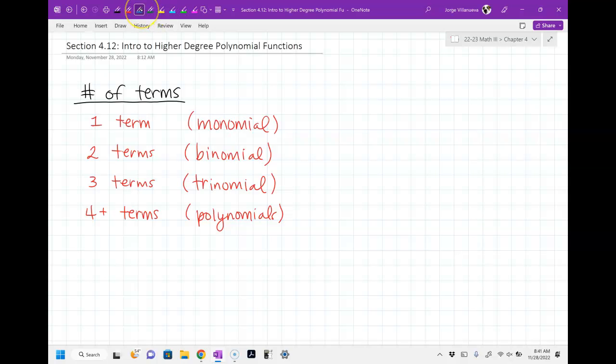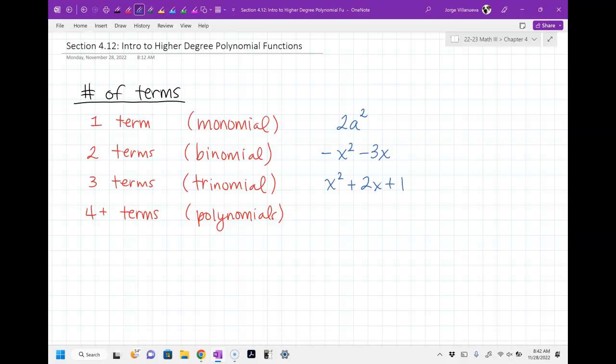So for example, the monomial might just be something like 2a squared. Okay, a binomial might be like negative x squared minus 3x. That's a binomial. It's two terms, right? Trinomial, well, you guys have seen these things, right? Like we had to factor them before, but there you go.